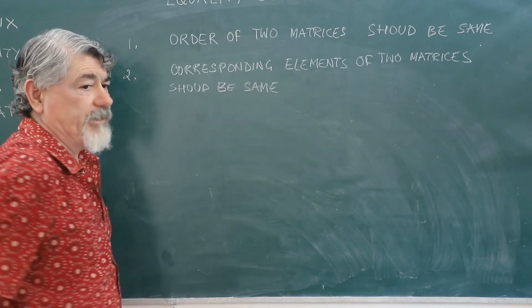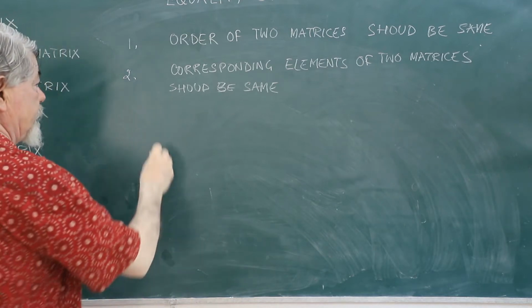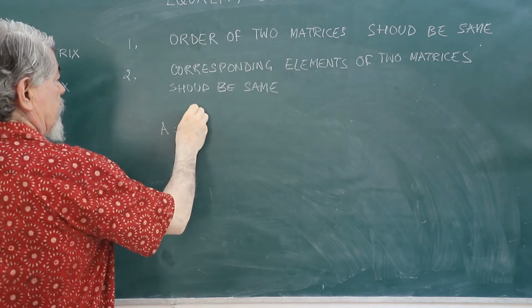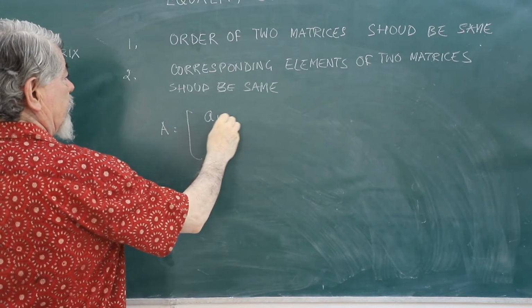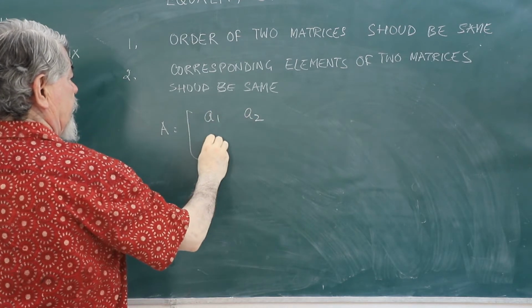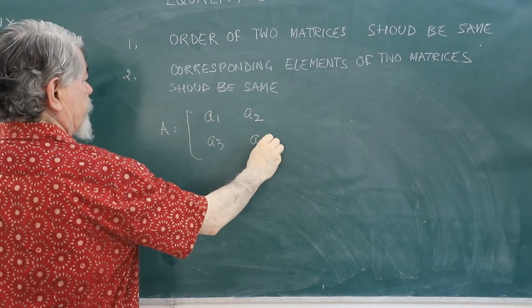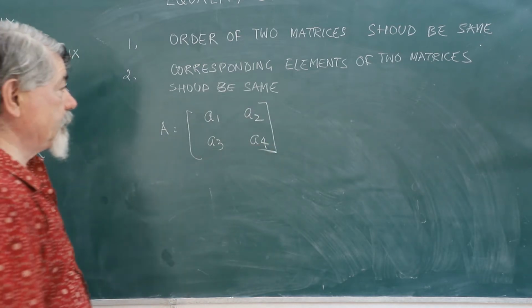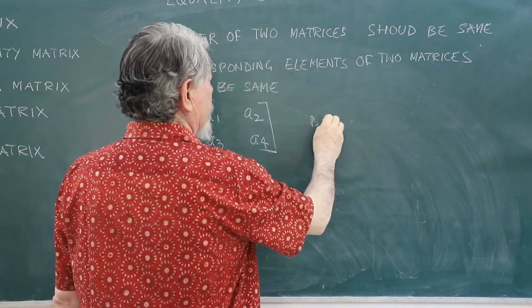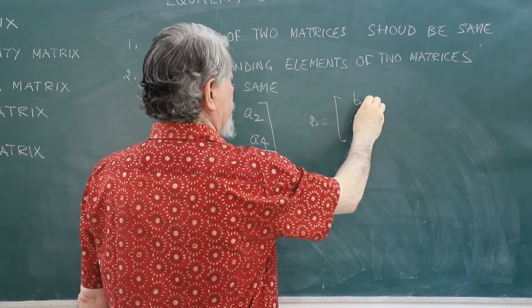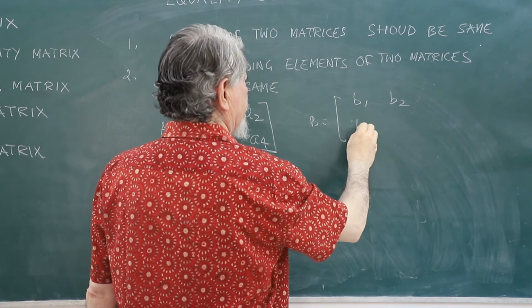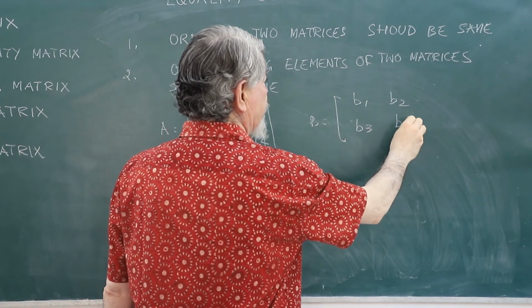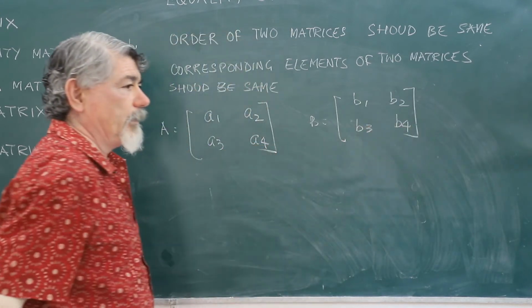For example, let me take two matrices. One is A, which is A1, A2, A3, A4. These are the elements of the matrix. And there is another matrix B, which is B1, B2, B3 and B4. I've just named arbitrary elements.